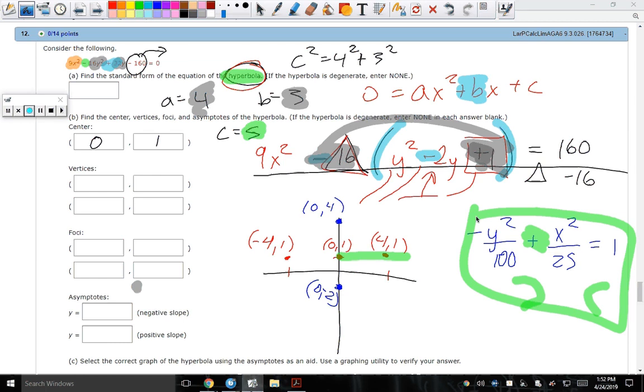Okay, so let's keep going. So the vertices, we know the lower vertex is going to be negative 4, 1. The higher is going to be 4, 1. Because it's horizontal. Okay? So it is going to look something like this.